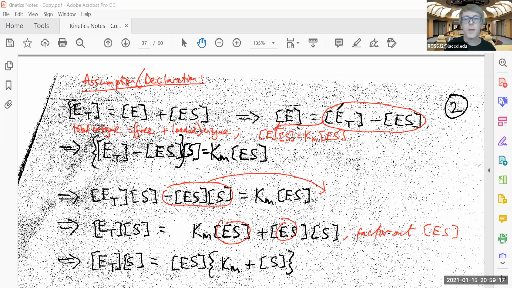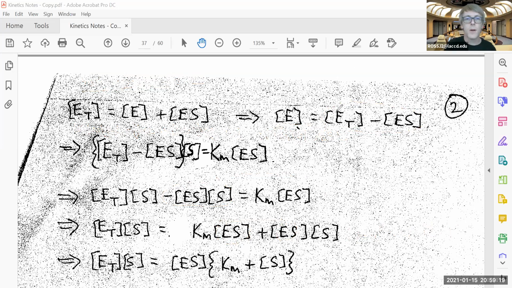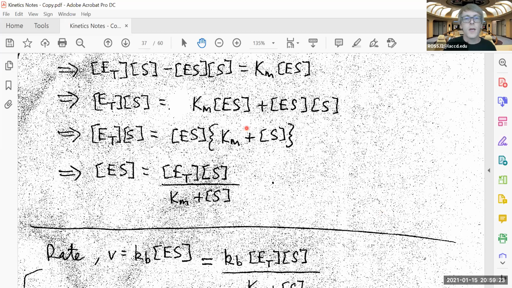Okay. Now I'll have to scroll. So now we can finally isolate ES by dividing both sides by Km plus S. So now our overall goal has been met. We've got our intermediate, that, remember, we cannot measure accurately, in terms of things we can measure accurately.